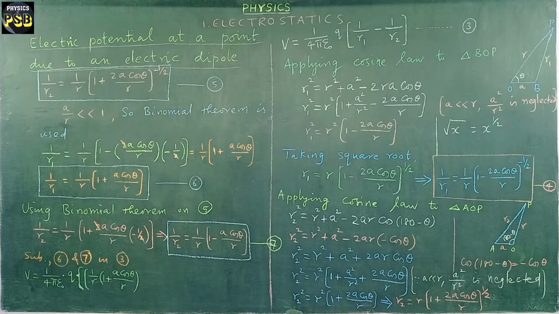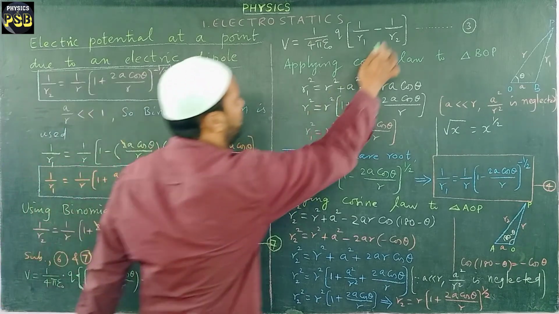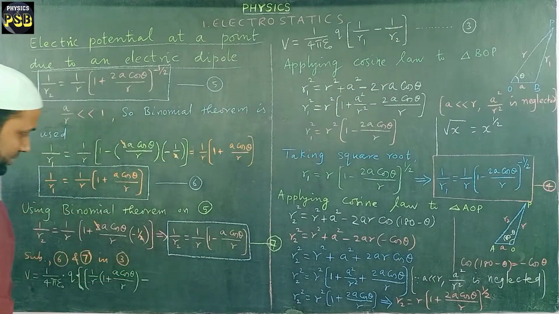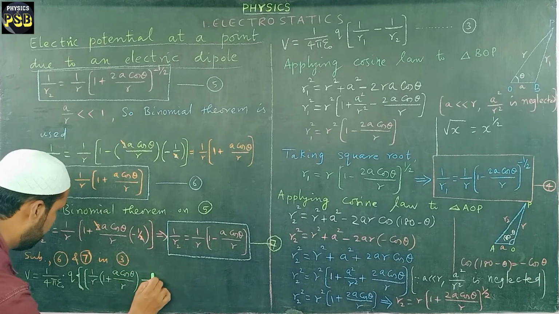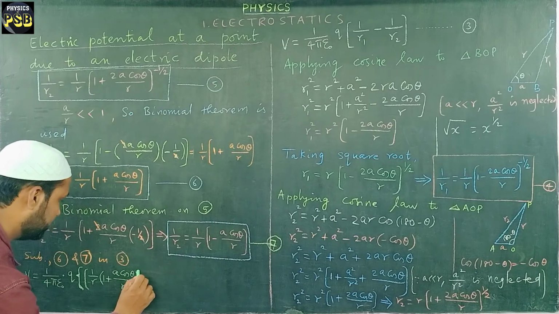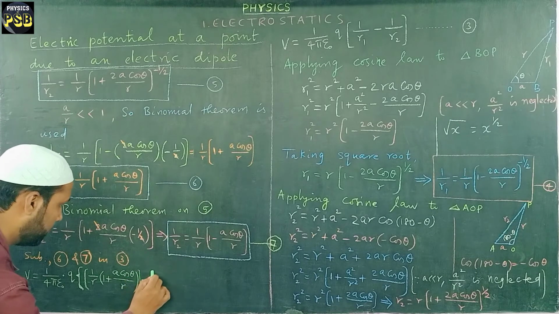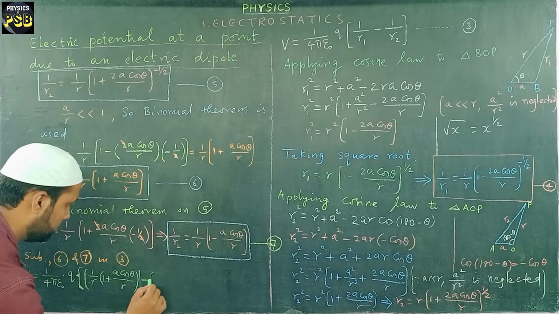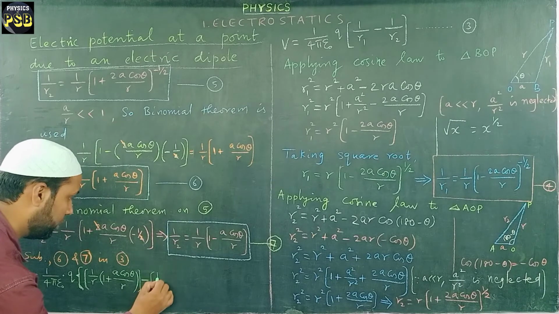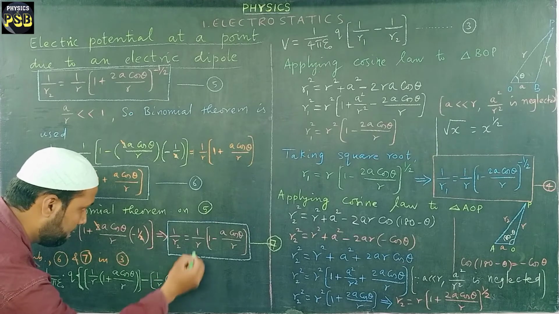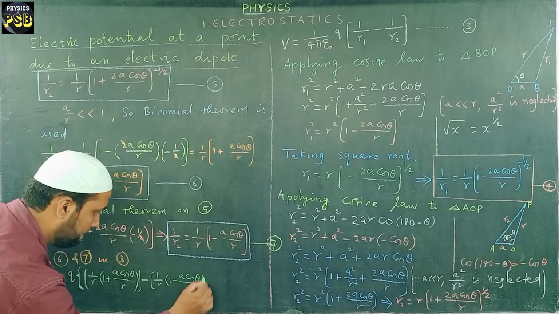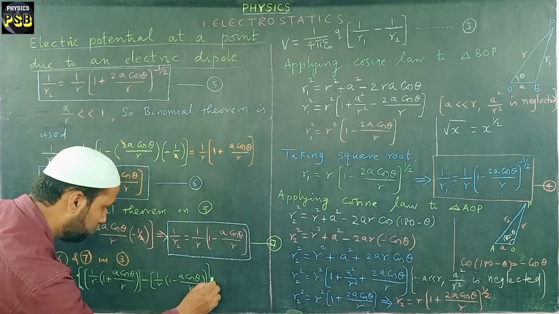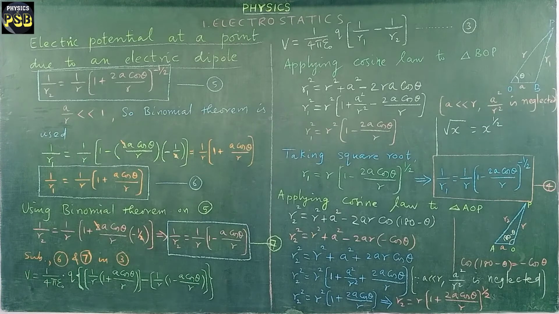What is the value of 1 upon R1? Minus the value of 1 upon R2. In the place of 1 upon R2, I mention equation number 7. So here again, open the bracket, 1 upon R, 1 minus a cos theta upon R. Okay.